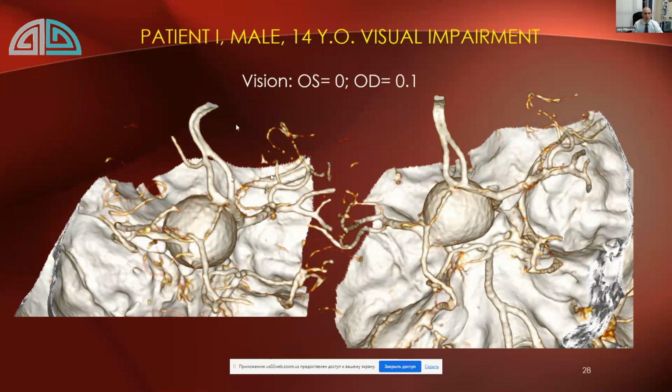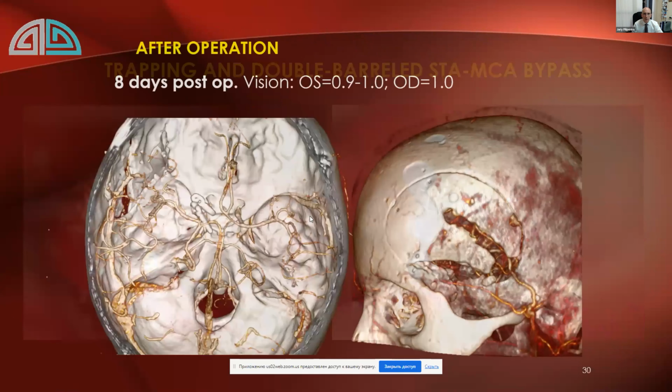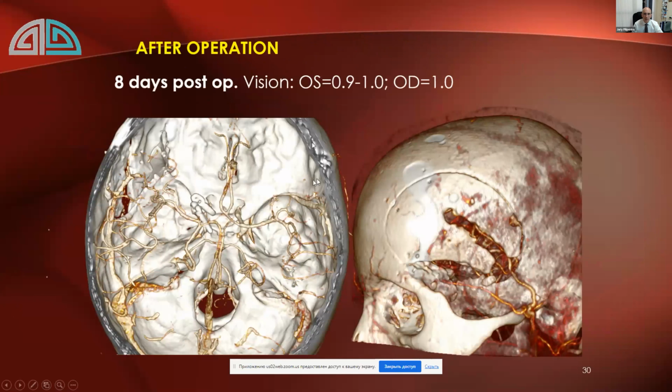Example: a patient with significant visual impairment, and this is the operation. The aneurysm was trapped and a double barrel MCA-STA bypass was performed. And in early recovery, 8 days post-op, you can see significant improvement of visual disorders.